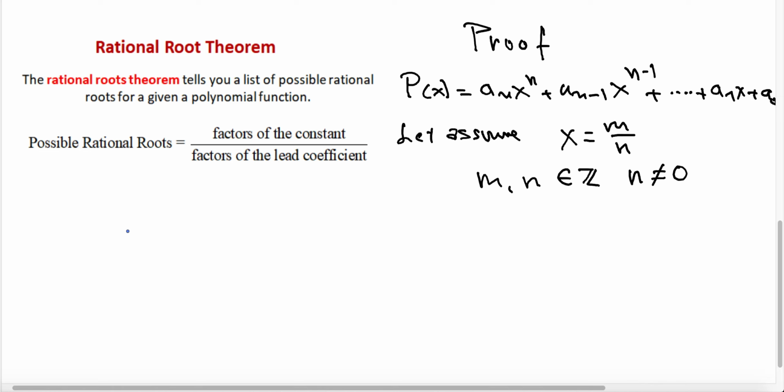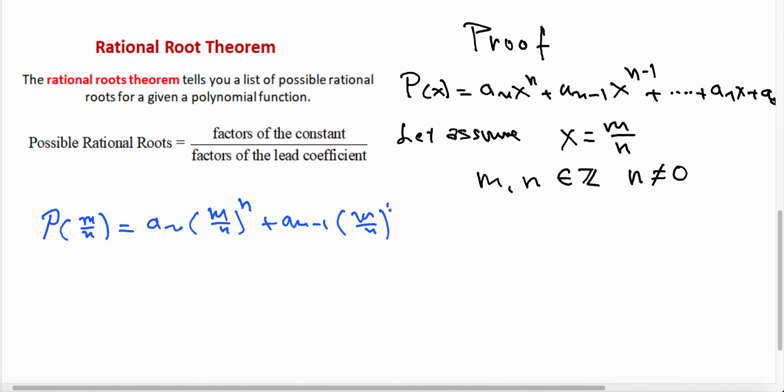So now let's apply here the remainder theorem. Let's write, for example, p of m divided by n, and let's plug it into this polynomial function in the general form. So we have a_n (m/n)^n plus a_{n-1} (m/n)^{n-1} plus dot dot dot plus a_1 m/n plus a_0.